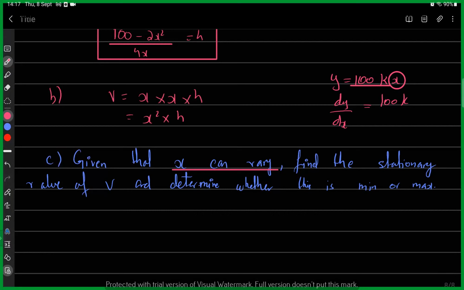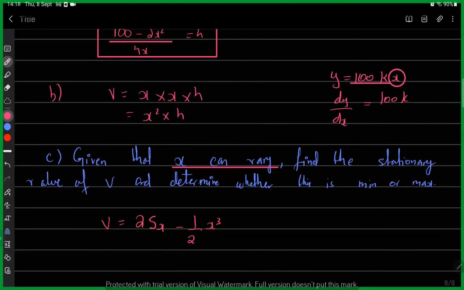Okay. And again, you have been asked to find the stationary value of V. So we have the equation of V as V is equal to 25x minus 1 by 2x cubed. This is V. And now you need to differentiate it.